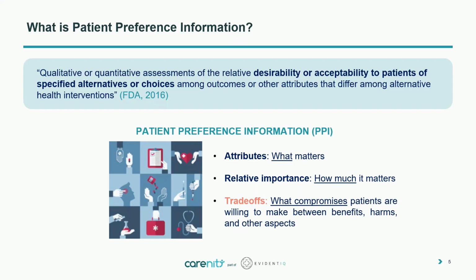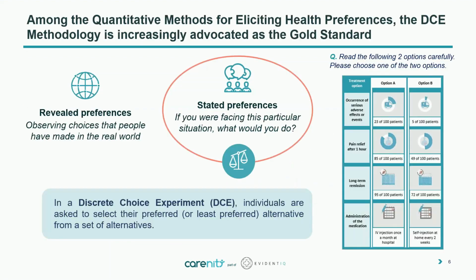For each of these 3 types of information, qualitative or quantitative methodologies exist. Qualitative methods are mainly based on focus groups or semi-structured interviews, whereas quantitative methods are mainly based on questionnaires administered directly to patients. Among the quantitative methods, there are 2 main types of methodologies, the revealed preference methods and the stated preference methods.